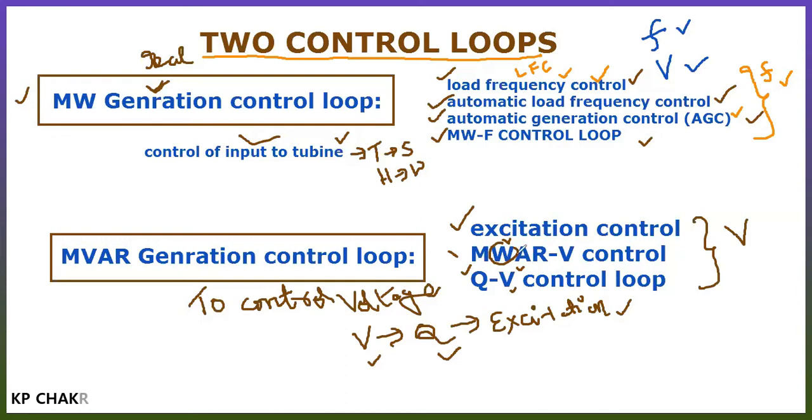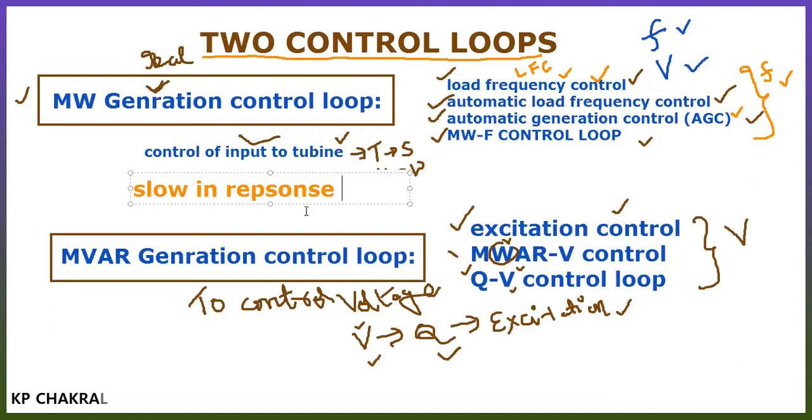Why is it called excitation control? Because by controlling the excitation of the alternator, we are maintaining the voltage constant. That's why it is called excitation control. All are the same. Here, this megawatt generation control loop is somewhat slow in response.